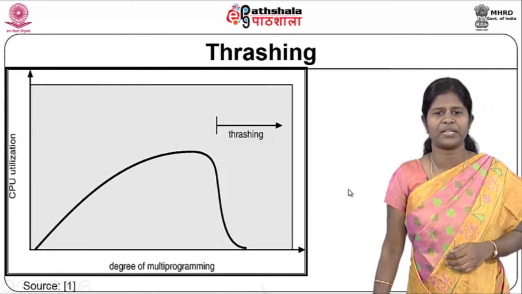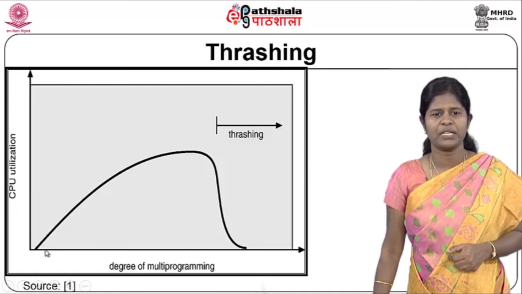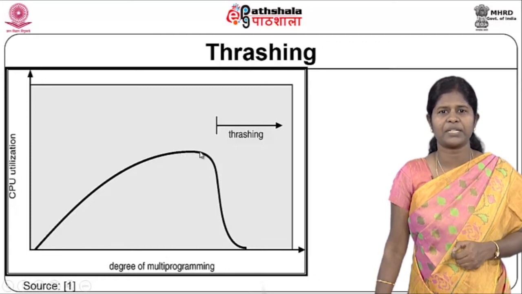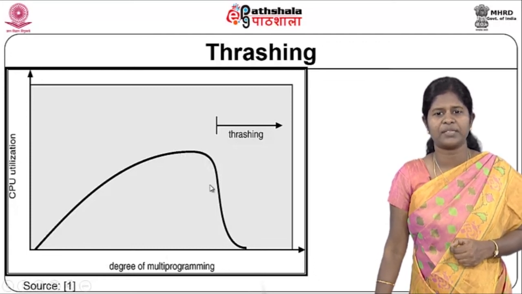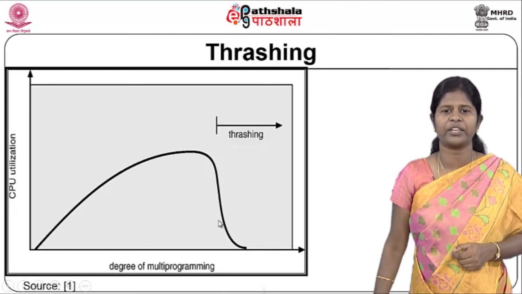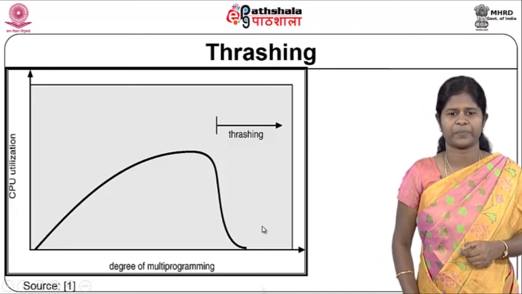Look at this diagram: when the degree of multiprogramming is increased, up to some point the CPU utilization increases, but after that point the CPU utilization suddenly goes down when you increase the degree of multiprogramming. This period is called thrashing.